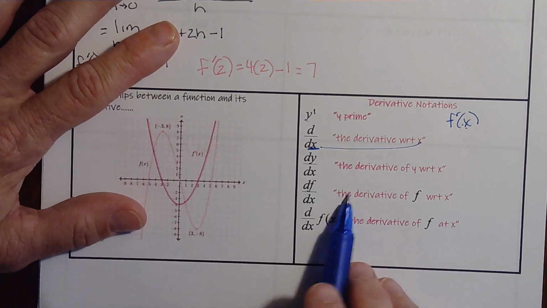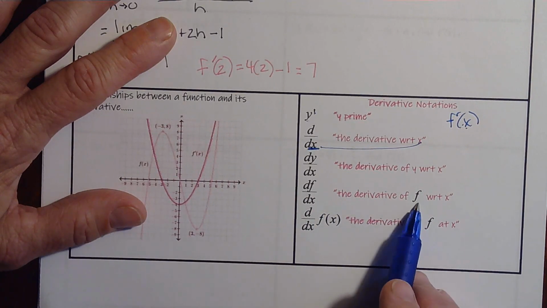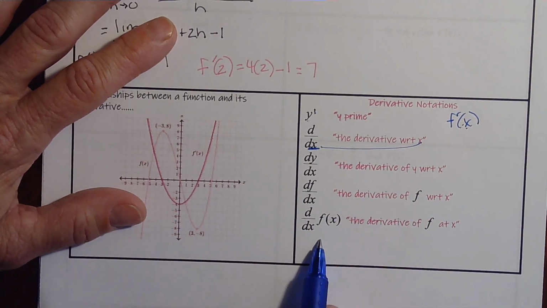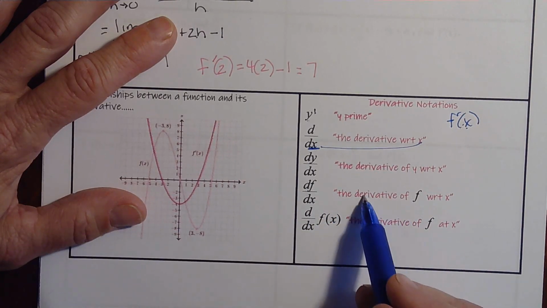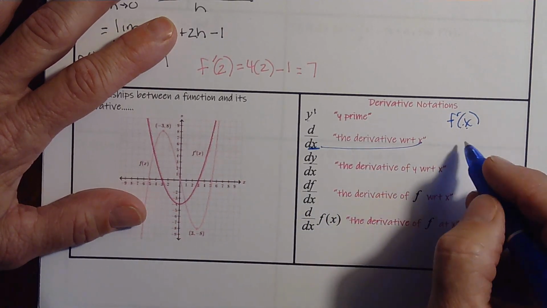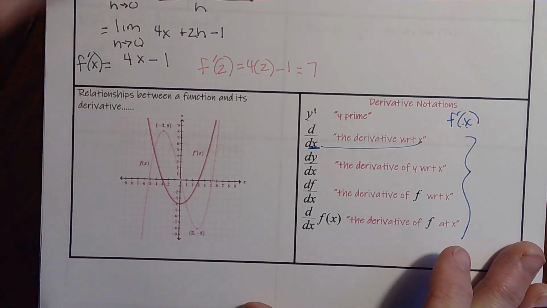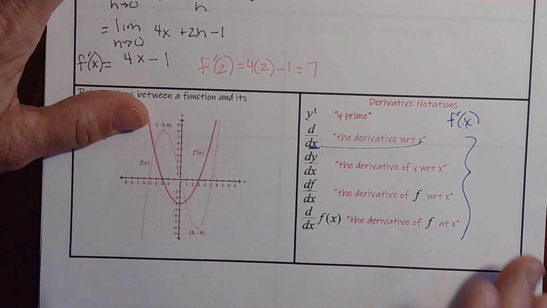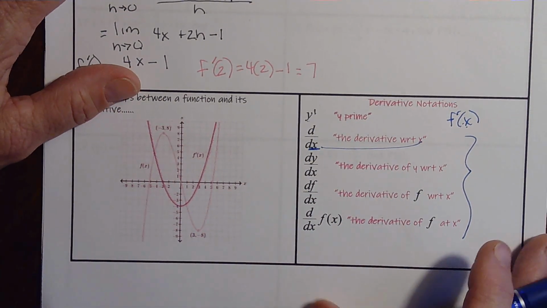When we're working with a function, df over dx is the derivative of f with respect to x. And anytime, this basically says the same thing as the one above it. These are different notations that we will be working with. So these are now fancy ways to represent slope.